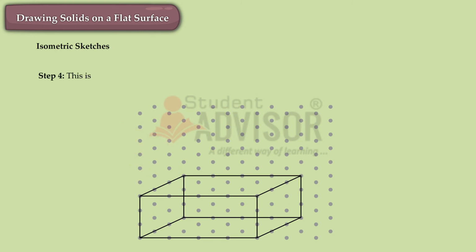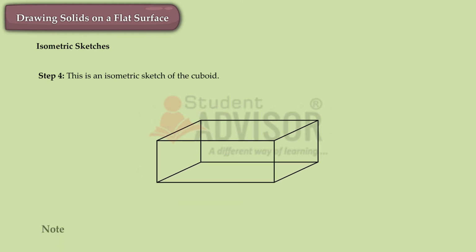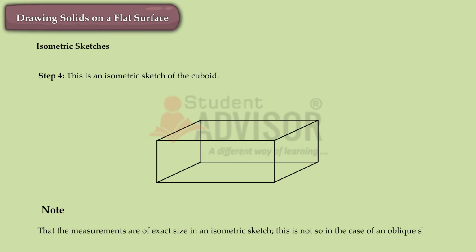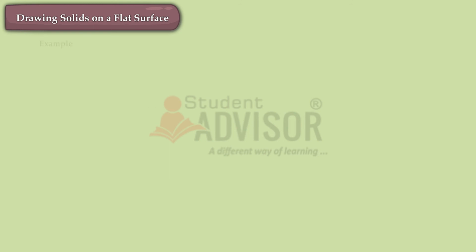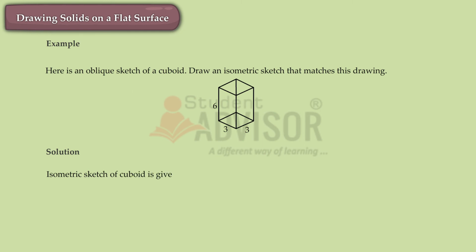This is an isometric sketch of the cuboid. Note that the measurements are of exact size in an isometric sketch. This is not so in the case of an oblique sketch. Study the given examples. Here is an oblique sketch of a cuboid. Draw an isometric sketch that matches this drawing. Solution: the isometric sketch of the cuboid is given below.